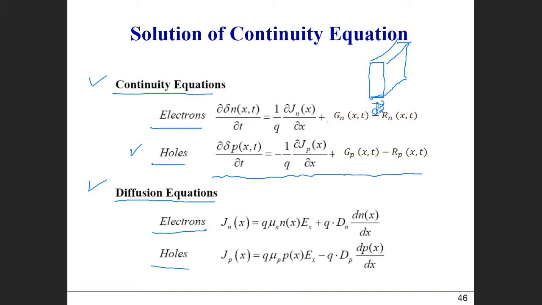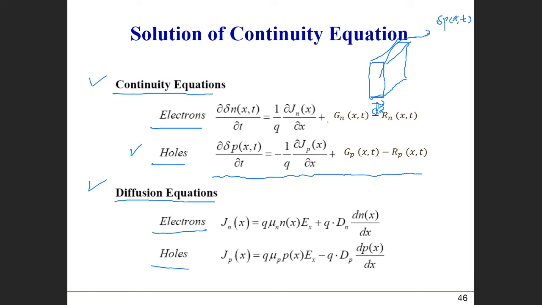Our interest is how the hole concentration inside this material changes in terms of location x and in terms of time.